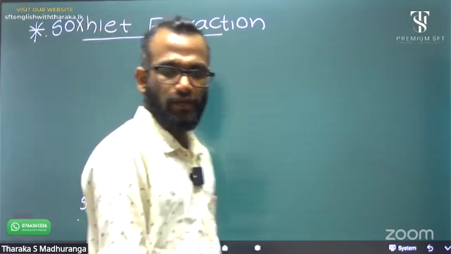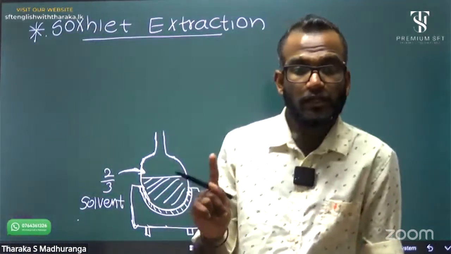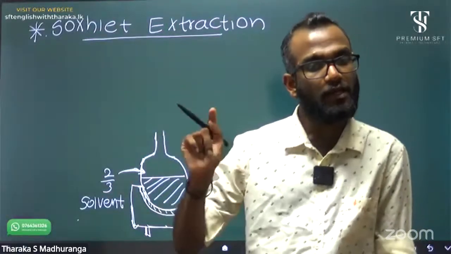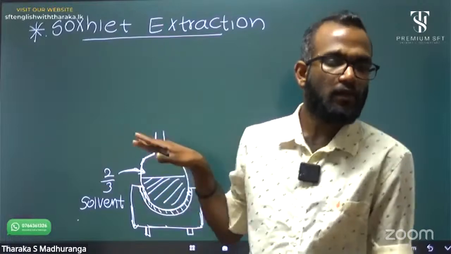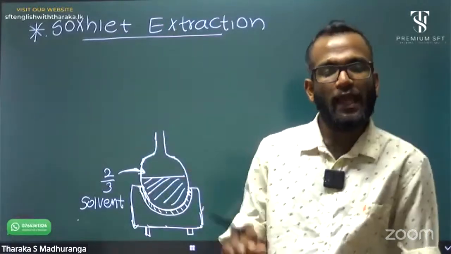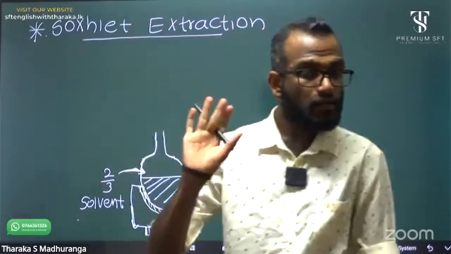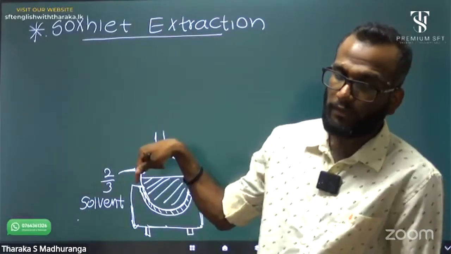This solvent should be a suitable solvent according to the polarity, right? According to the like dissolves like principle, I select a suitable solvent and fill it into the round bottom flask. Okay, but the plant material is not added into this solvent.